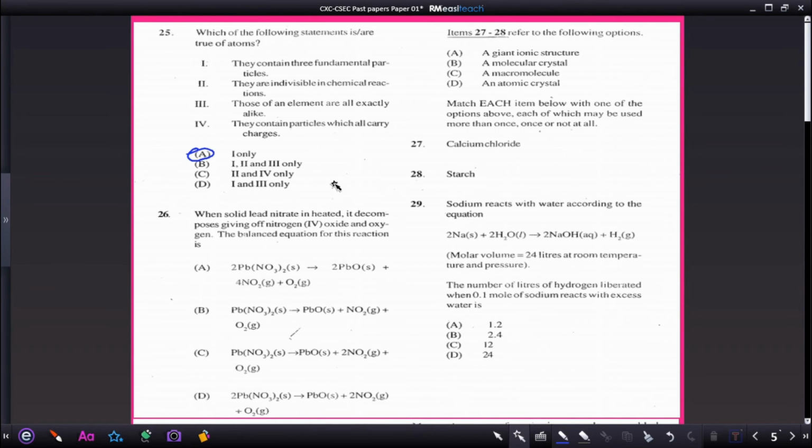Number 26. When solid lead nitrate is heated, it decomposes, giving off nitrogen oxide and oxygen. The balanced equation for this reaction is... so let us see if we can quickly balance that. A, so you have 2 lead over here and 2 over this side.